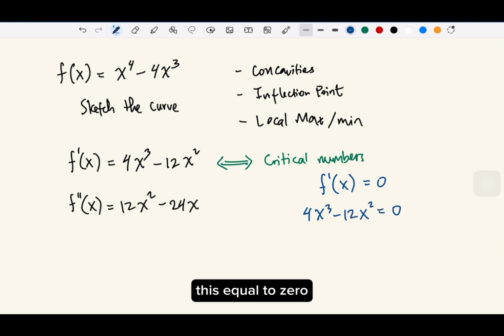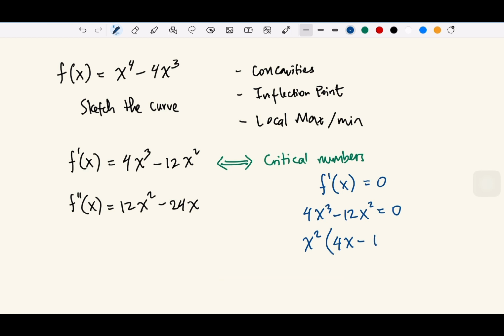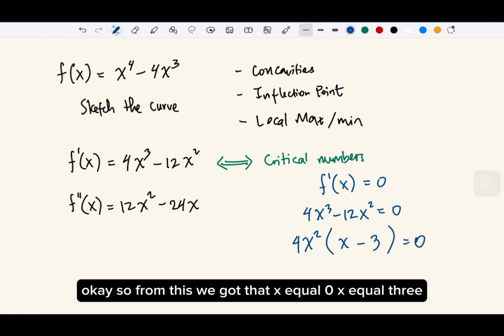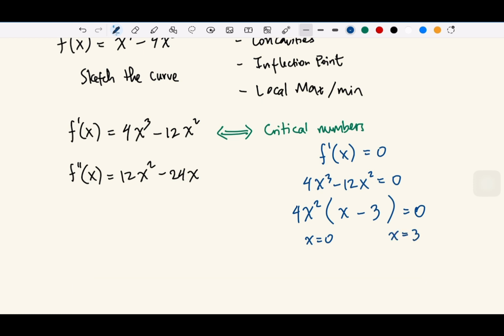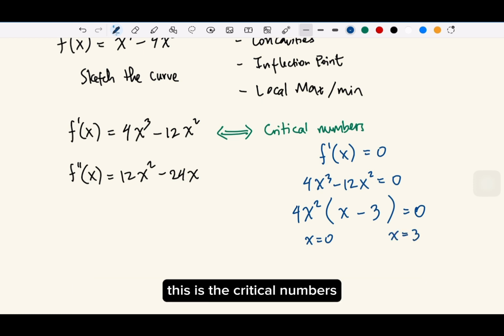Maybe this is 4. Okay, so from this we get that x equals 0, x equals 3. These are the critical numbers.